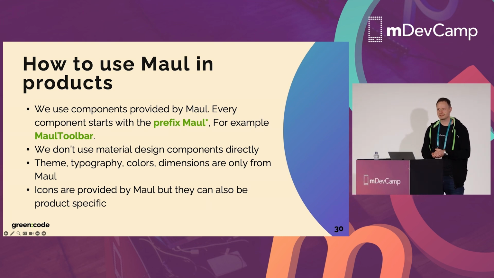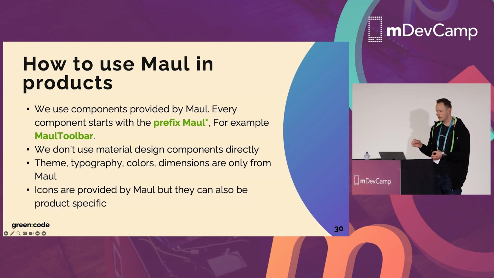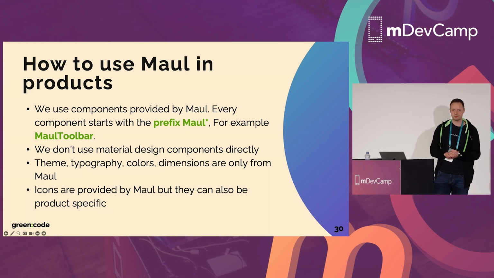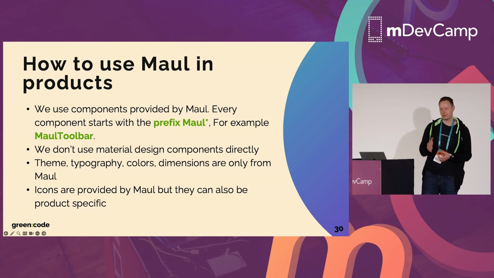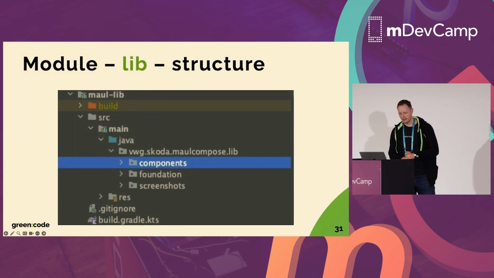And Mol is a quite simple library, and we don't try to put everything there, only what makes sense for other projects. And on product level, of course, we have some components, but it's only for project needs.